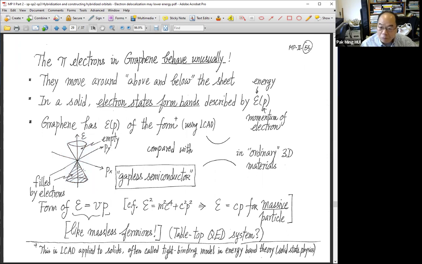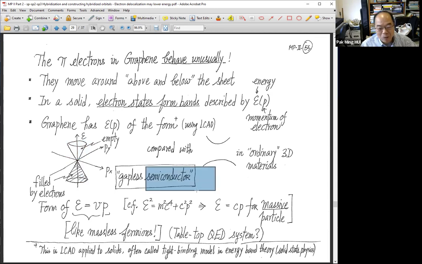The next thing is to fill in the electrons. It so happens that it fills the lower cone completely and leaves the upper cone empty. So in this way, the LUMO-HOMO gap is 0. So it is a gapless material. One band is completely filled, the next is completely empty. It's a semiconductor.